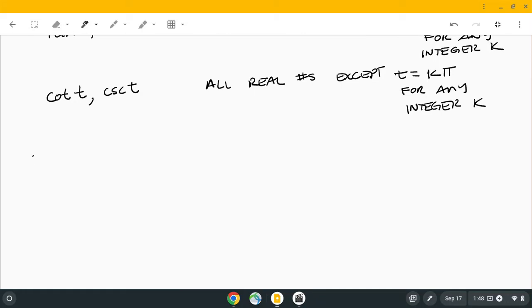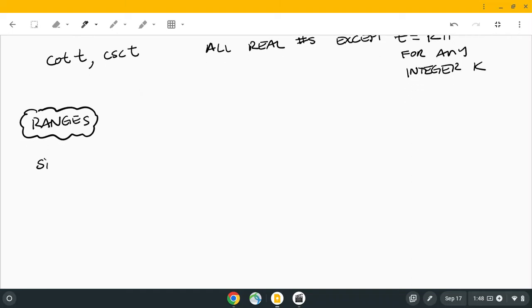Okay, the range. For sine and cosine, the range goes from -1 to 1. So you'll never get sine of something equal to 2. That's not going to be possible. Tangent and cotangent, you're going to get all real numbers.